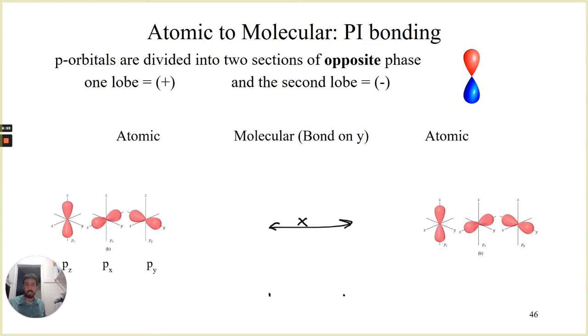We would see the p orbitals come together in an additive fashion on the x-axis for our px. This is what we're overlapping. Or they could have come together in a way where they were destructive.